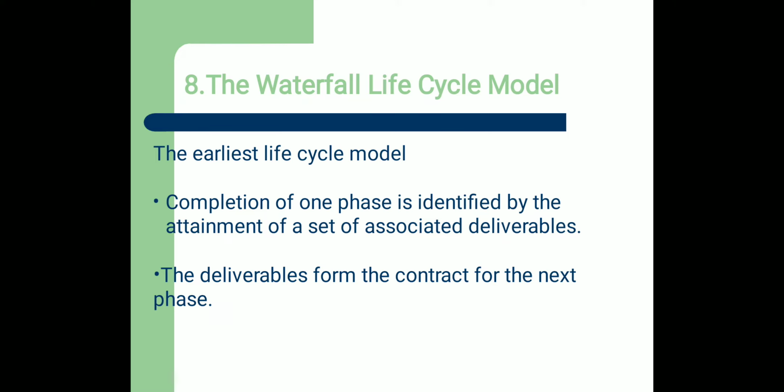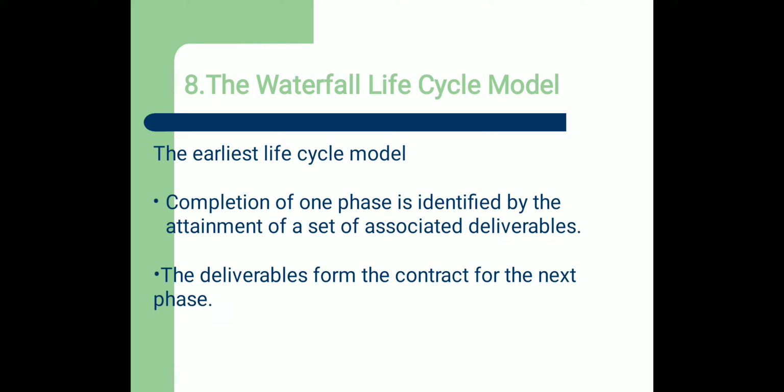So the waterfall life cycle model is called the earliest life cycle model. Completion of one phase is identified by the production of a set of associated deliverables. So each phase has a set of associated deliverables, that is stages.